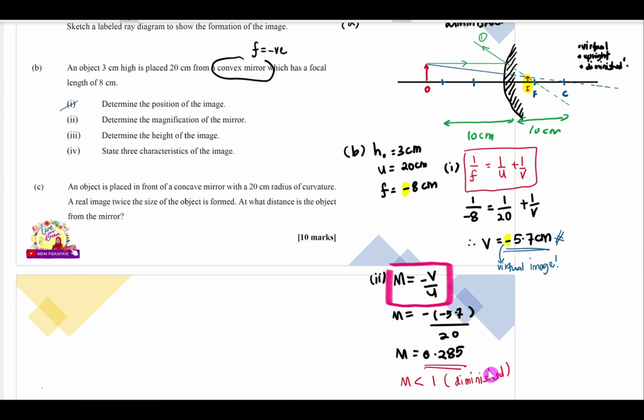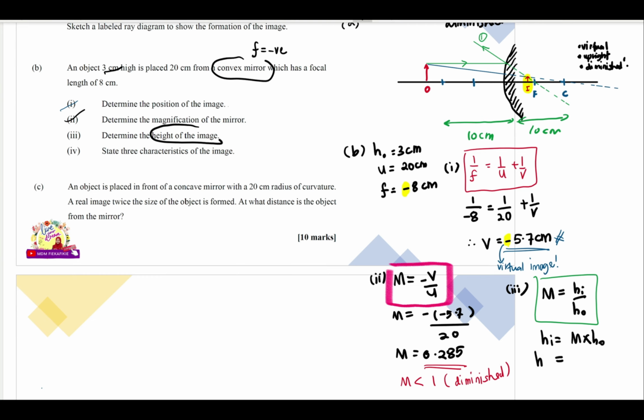Tapi soalan minta kita kira berapa height of the image. Height of the object dah tahu 3 cm. So, height of the image mesti lebih kecil daripada 3 cm. So kita boleh guna formula satu lagi untuk magnification, is height of the image over height of the object. So kita boleh guna equation ini untuk kita cari height of the image, M times H naught, H of the object.